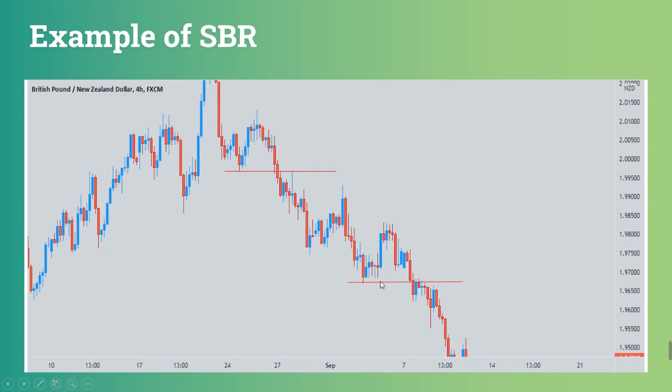All right. You can see the price break and then comes back to this area and then bounce. So this is an example of SBR. Of course, like I told you earlier, this is a rough idea of an SBR. I will give a very accurate definition so that you guys can go into the trade more accurately later on. Right? So keep that in mind.